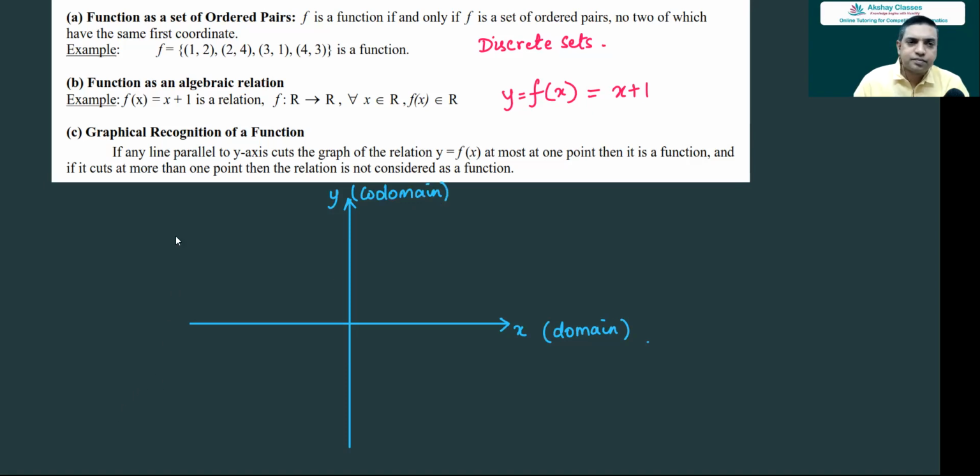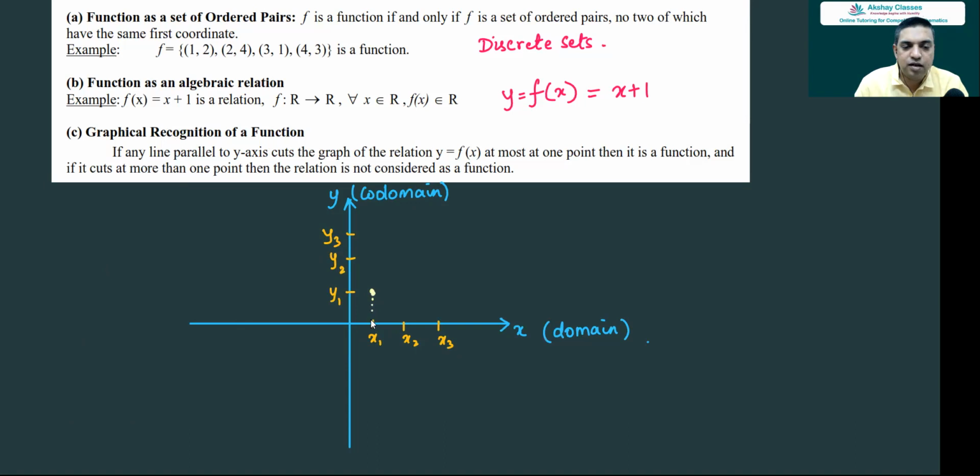Now we had x1, x2, x3, y1, y2, y3, discrete. Okay, the discrete graph. Now when you plot the graph, x1 is related to y1.